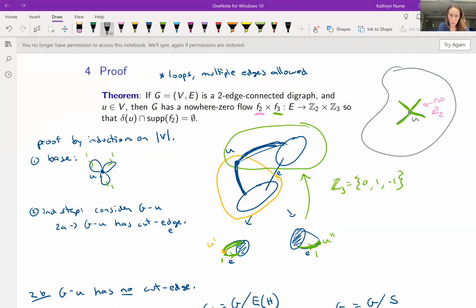It's not 2 vertex connected, so you can have other components, but yes, like you said, Jim, you just tuck them into one of the sides for this argument.